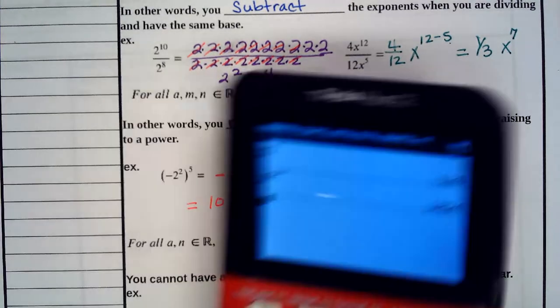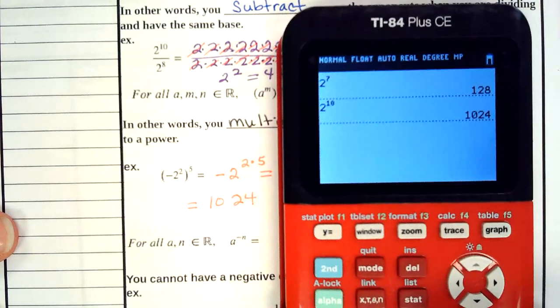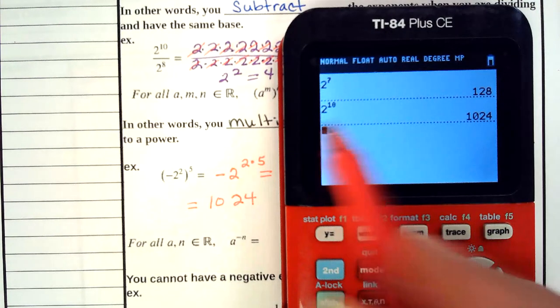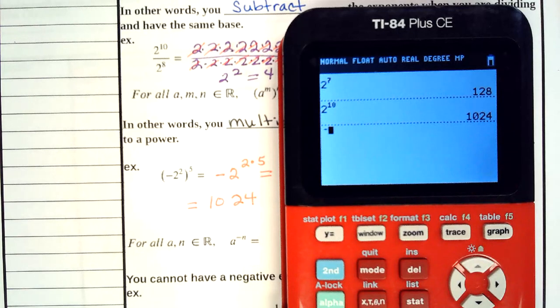Now I want you to look at what I put in the calculator. I knew it would be even, so I did not put the negative. If I put negative 2 raised to the 10th power, it will give me a negative number. But that is not correct.